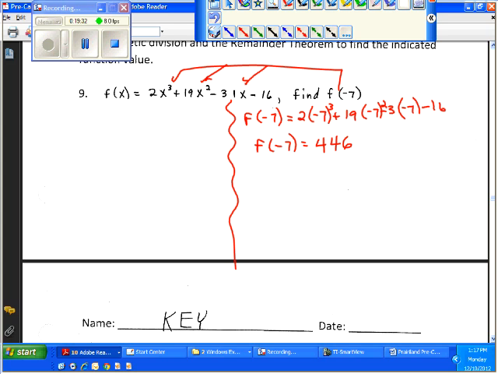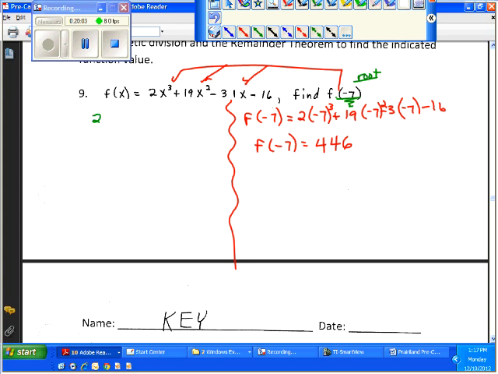Now, according to synthetic division and the remainder theorem, if we do synthetic division using this as our root, then the remainder, when we divide, should be 446. The remainder is the function value at that given root, okay?